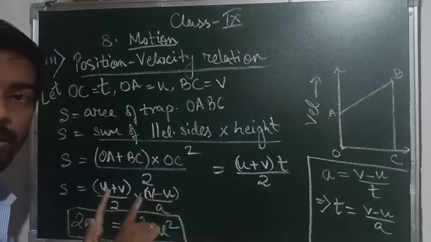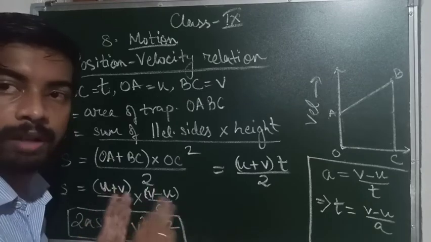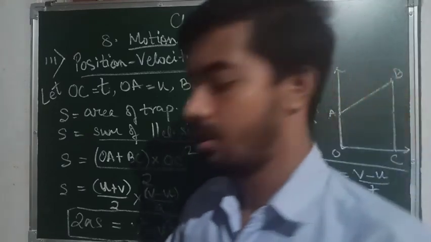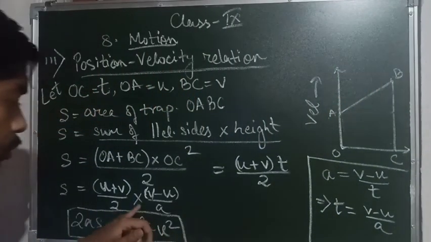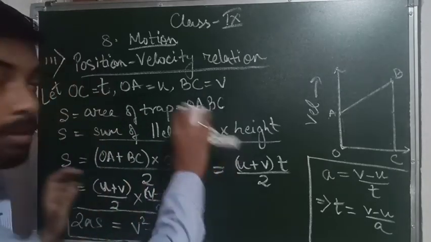Now if you don't understand what happened here, I will explain you a little bit later. You can pause the video and write it down. If someone has not understood what happened in this part, I am rubbing this and explaining you.